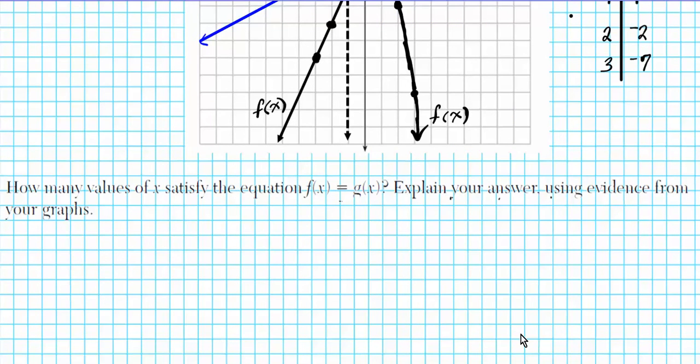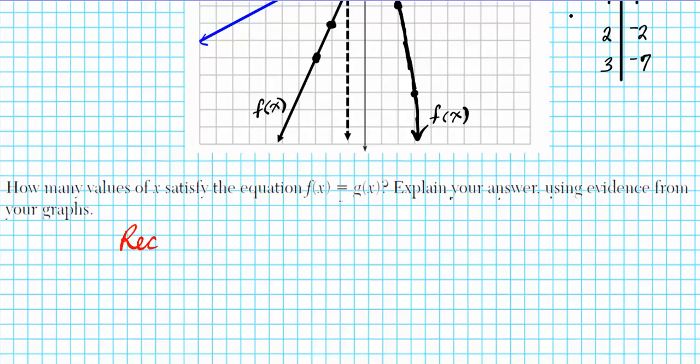All right, the second part says how many values of x satisfy the equation f of x equals g of x? Explain your answer using the evidence from the graph. One thing you want to recall is that the solution to a system of graphs is the point of intersection. So let's write that down.